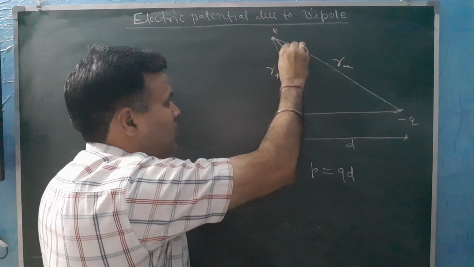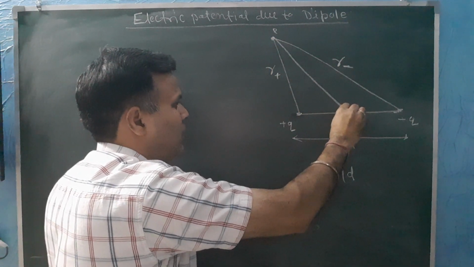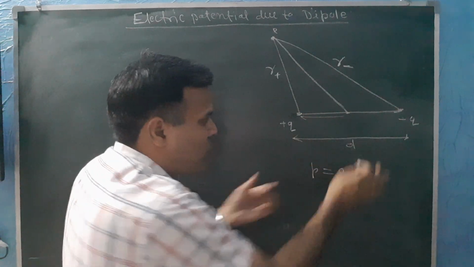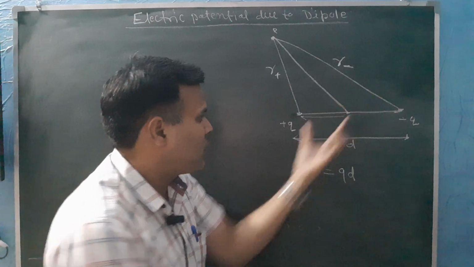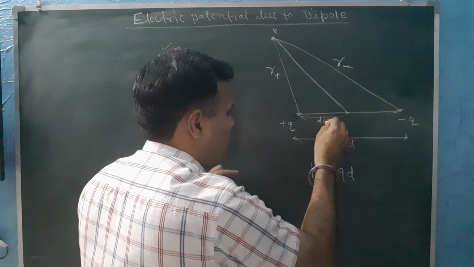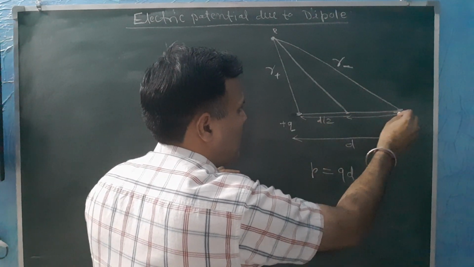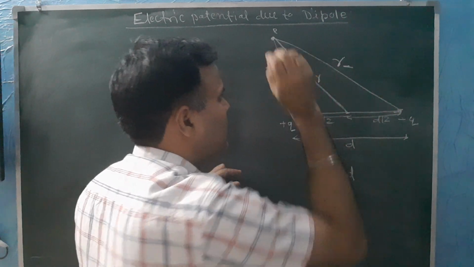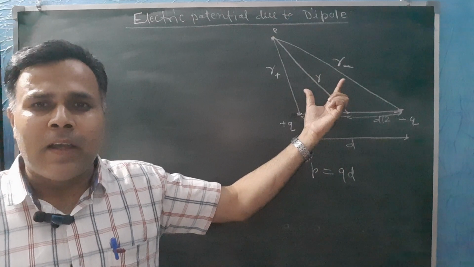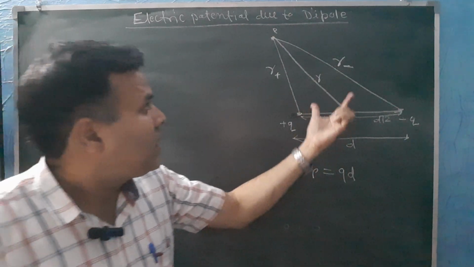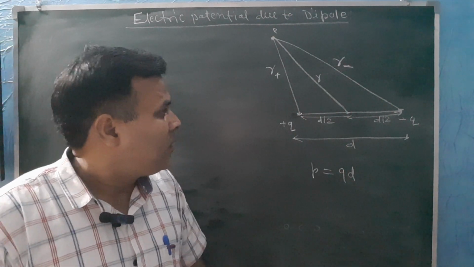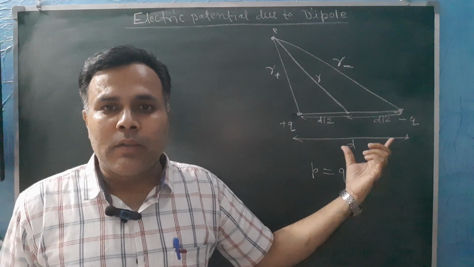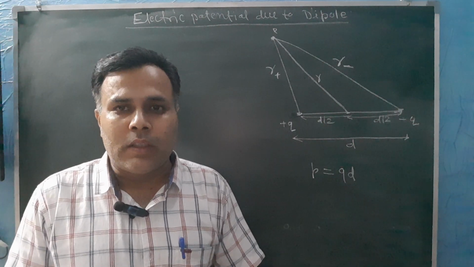If the total separation is d, then half of this distance is d by 2, and this distance, from the middle of the dipole to the point, is r. So this is the schematic of electric potential due to a dipole, and with its help we can find the electric potential.